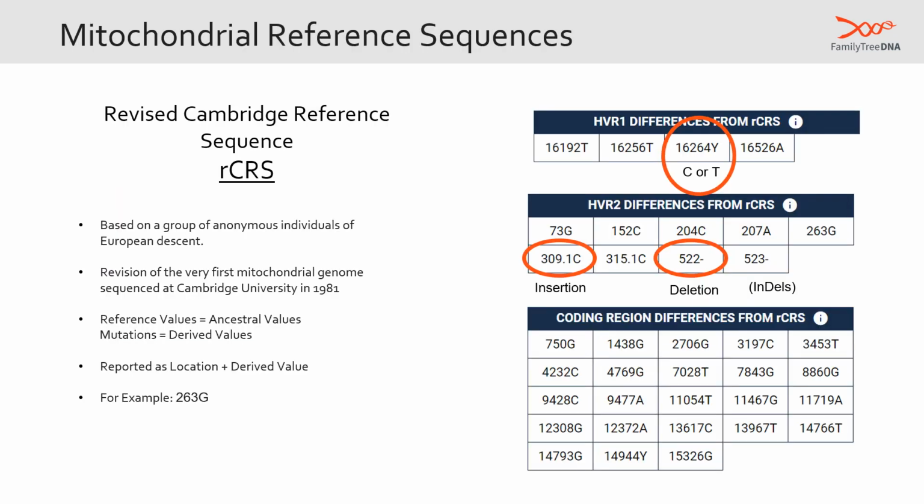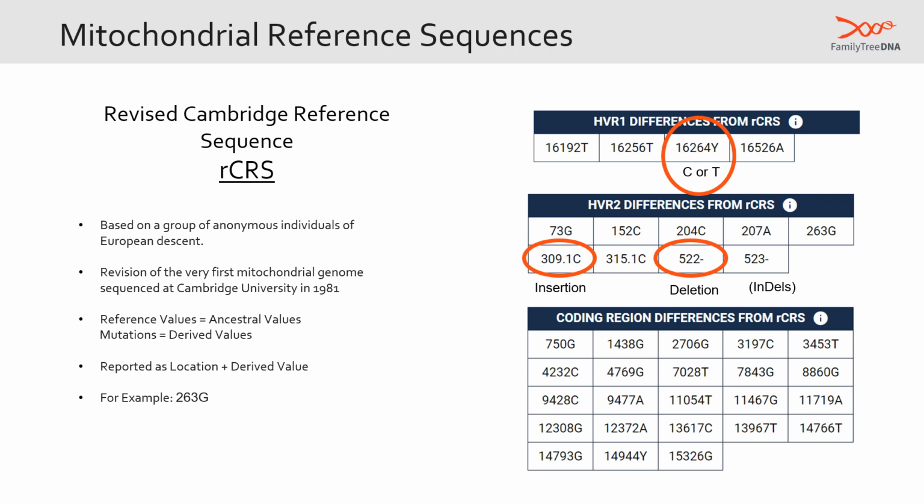Now that we understand the different types of mutations, let's take a look at the mutations as a whole. Since these are all differences of the reference sequence, what we're able to do is compare the specific mutations that we see in a group of people and compare it to another group of people.